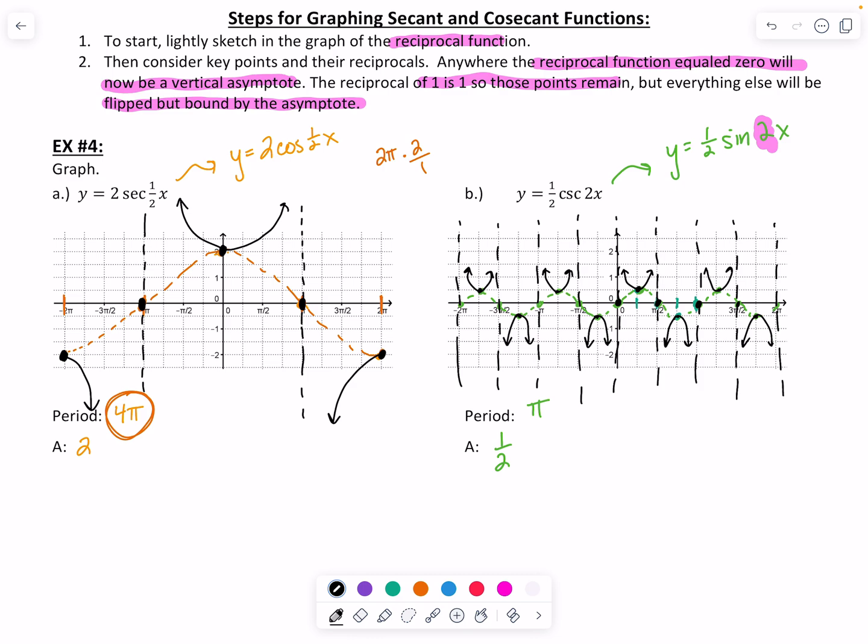So I always think it's interesting to graph these in a graphing calculator or Desmos so that I can compare my sine graph to my cosecant graph just to see how accurate I was. So try that out. Make sure you practice graphing not only your sine and cosine, but the reciprocal functions as well.